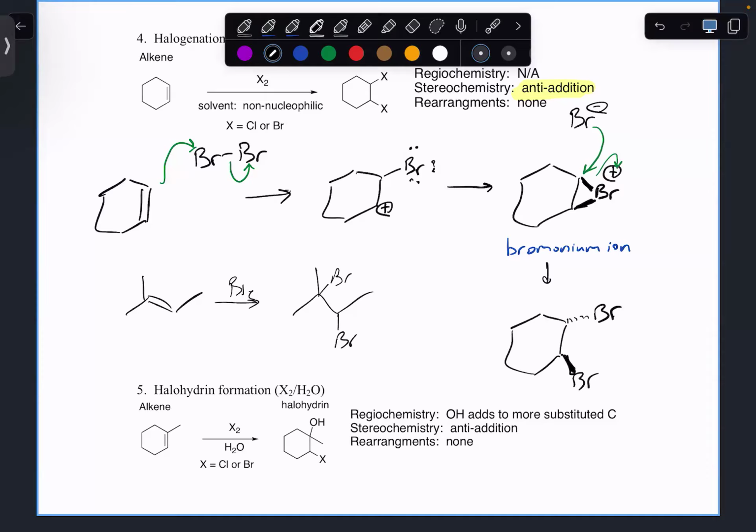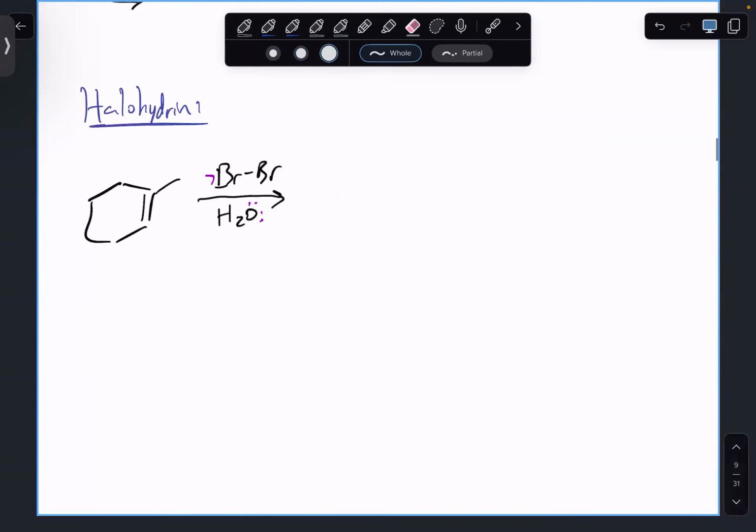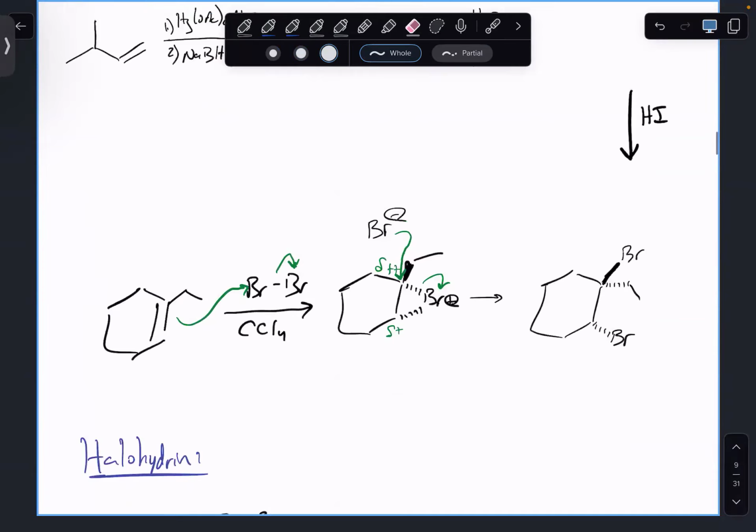But where this will take a turn is in this second permutation of the reaction. So in this bromination, you'll note up here I specified the solvent. The solvent is oftentimes carbon tetrachloride. The solvent is non-nucleophilic.